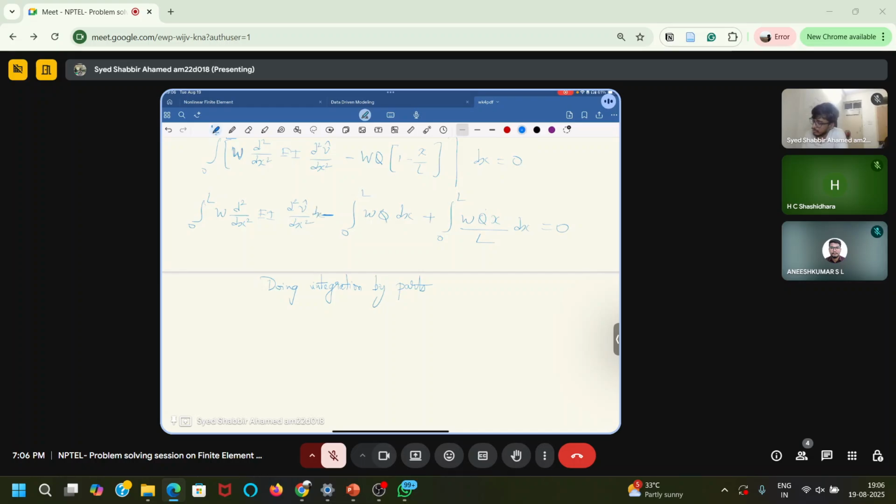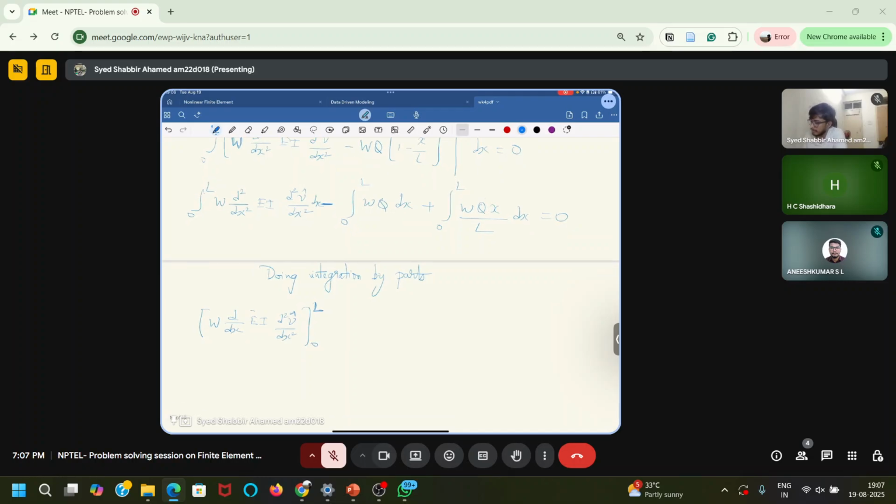I will get w into d by dx of EI into d square V cap by dx square, from 0 to L, and I have the integral from 0 to L of u dash, which is nothing but dw by dx, times v dash, which is d by dx of EI into d square V cap by dx square, dx.